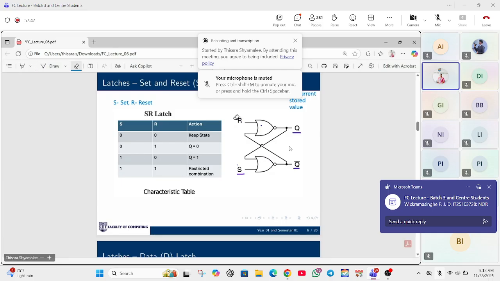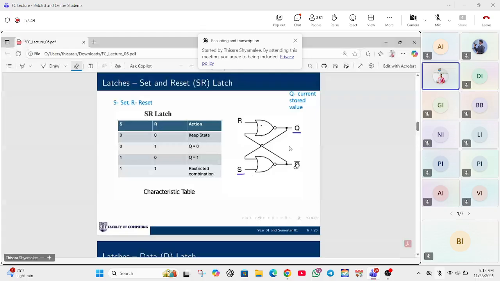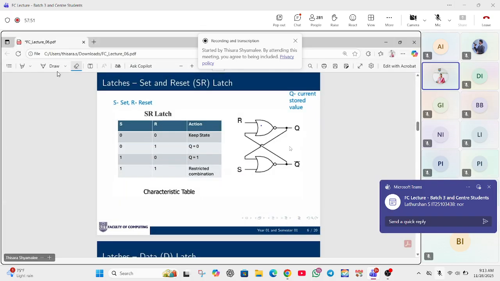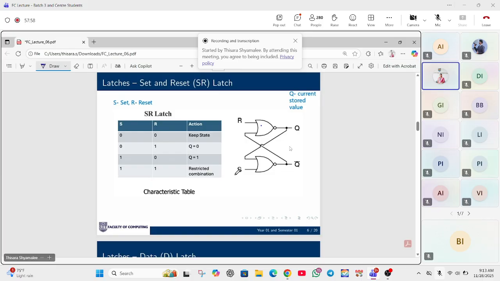So here you can see, let's take this S. This is the S input. You can see there is another input, the NOR gate has two inputs. One input is S. I'm talking about the bottom one, the bottom NOR gate.